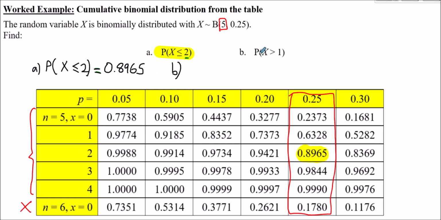Now for part b, we need to reframe this in terms of this symbol. So the probability of X is greater than 1, that's the same as 1 minus the probability that X is 1 or less.